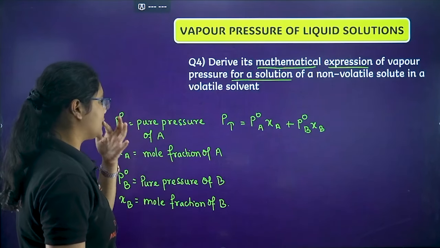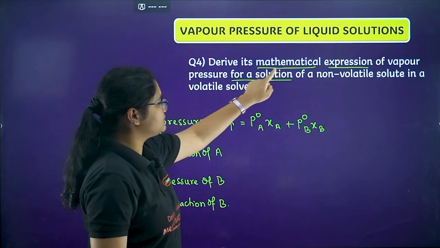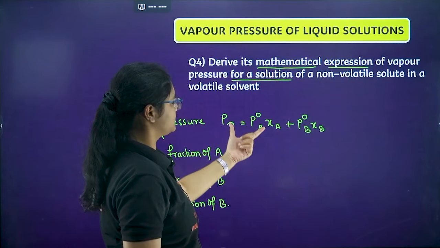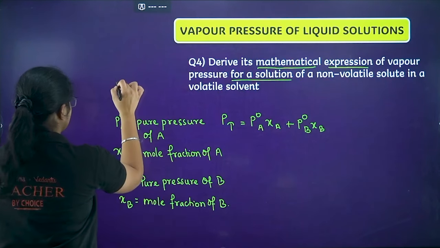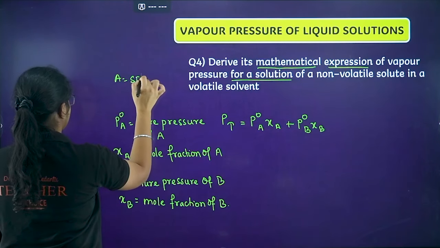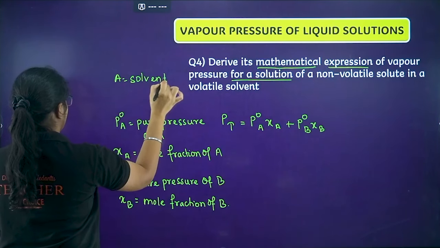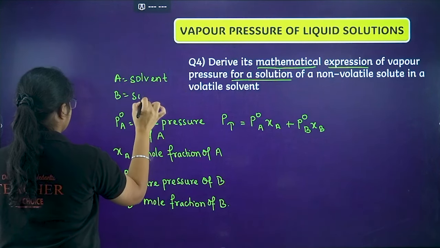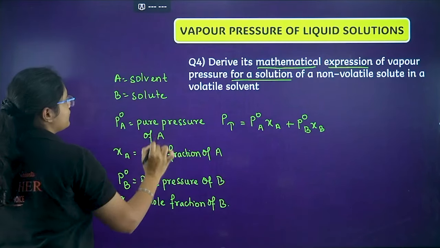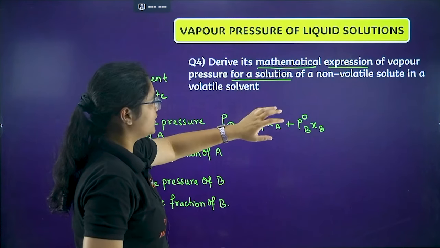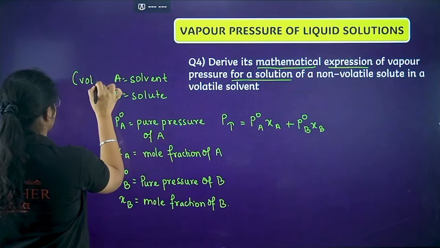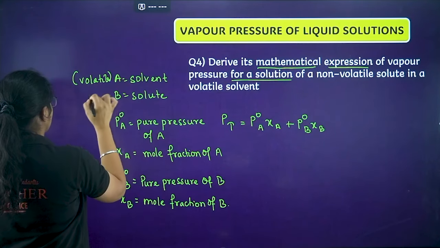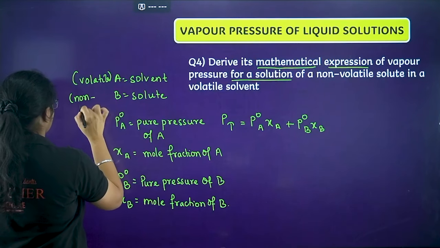Now, the question says derive the mathematical expression of the vapor pressure of the solution, and let me tell you that here A is a solvent and B is a solute. The question says a non-volatile solute in a volatile solvent, so that means A is volatile and B is non-volatile.